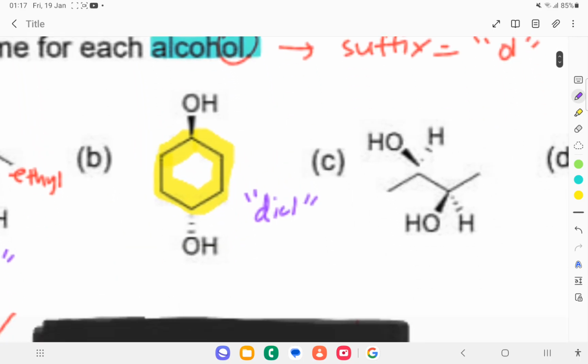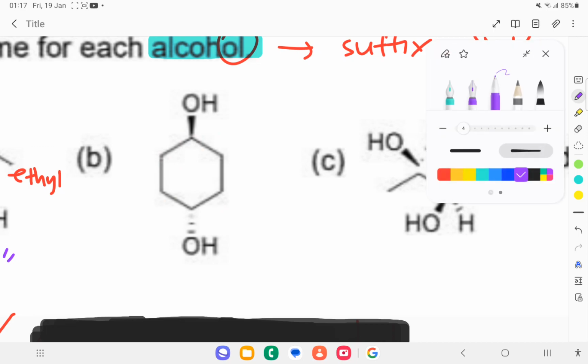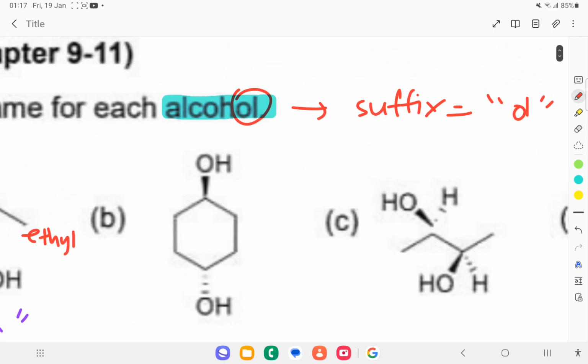If a compound consists of 3 alcohols, the species is called a triol. That's all. So we'll start naming this compound. The carbon bonded to OH is the first carbon. 1, 2, 3, 4, 5, 6.